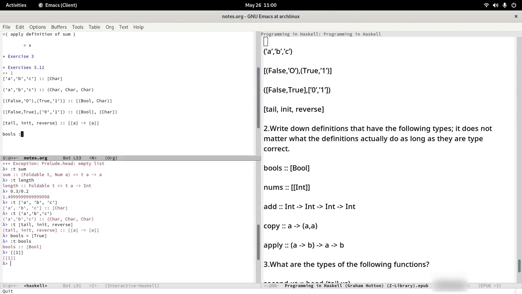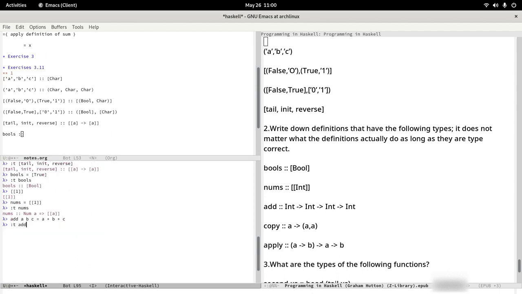Wait. Add of A, B, C is A plus B plus C. Oh. Okay.